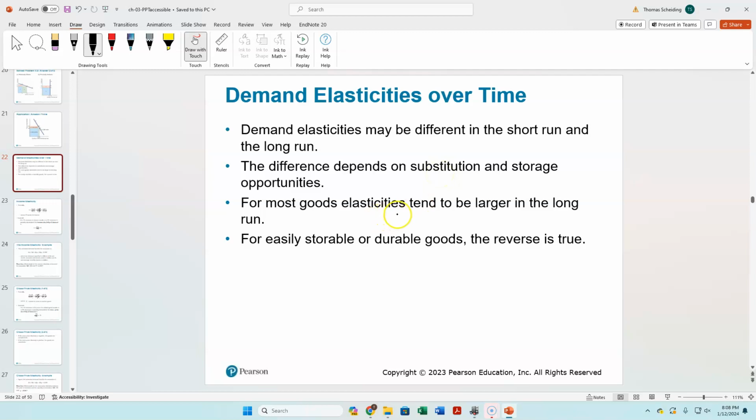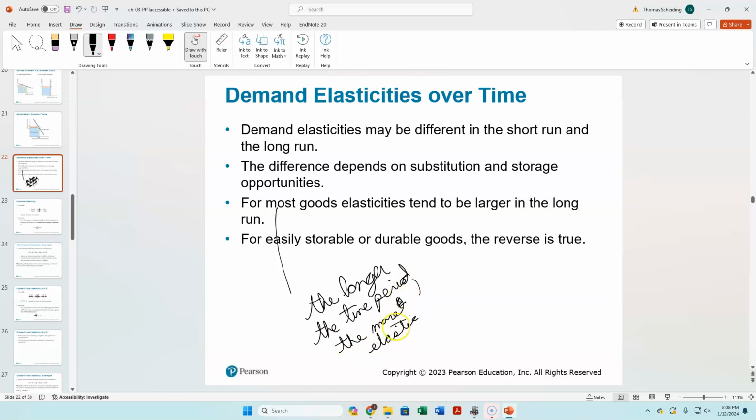So generally speaking, the longer the time period, the more elastic demand becomes.